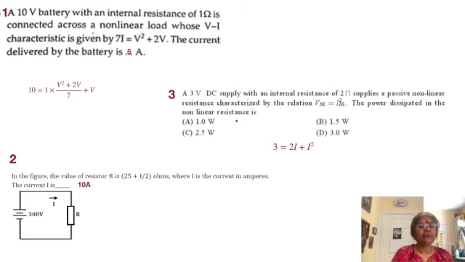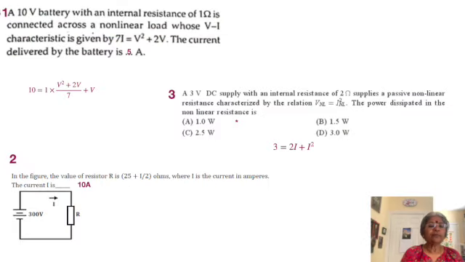So 10 = 1 ohm × I, where I = (V² + 2V)/7, plus the voltage across the nonlinear element, which is of course V. There's no doubt about it, because the voltage-current relationship is given there. The current is actually derived.